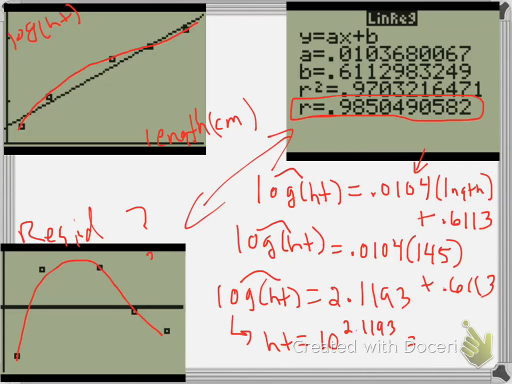Okay, so let's type that in here. Okay, so I put that into the calculator, 10 to the power of 2.1193, and I get 131.6 centimeters.